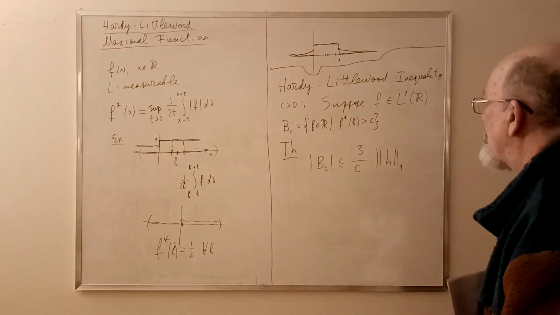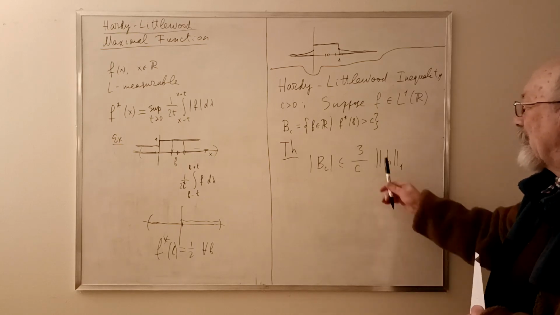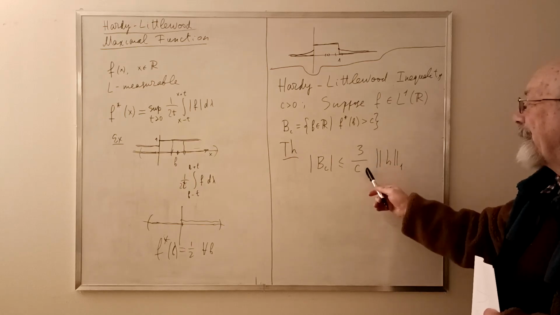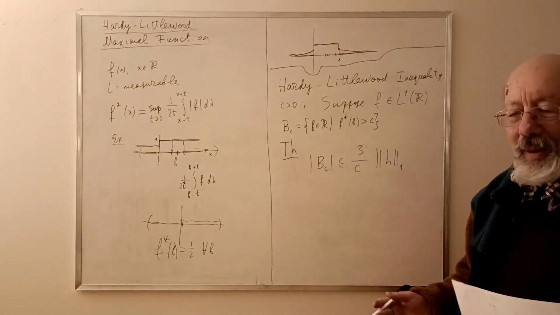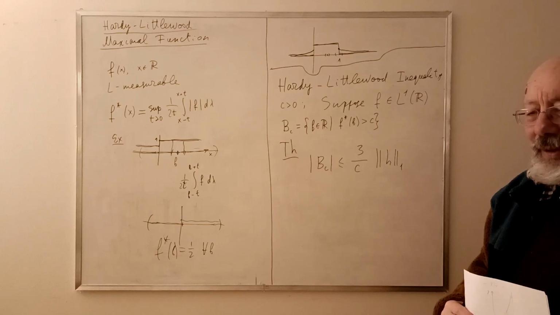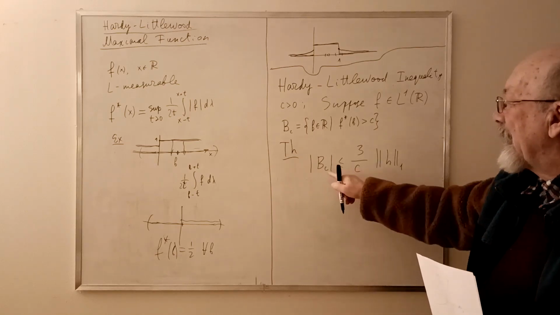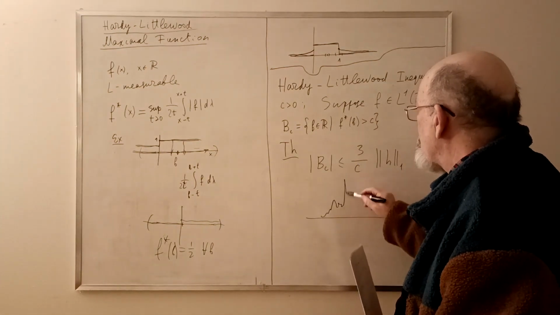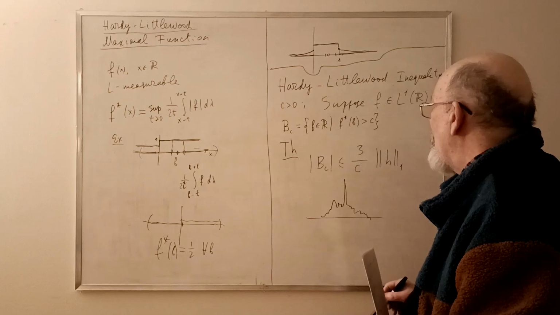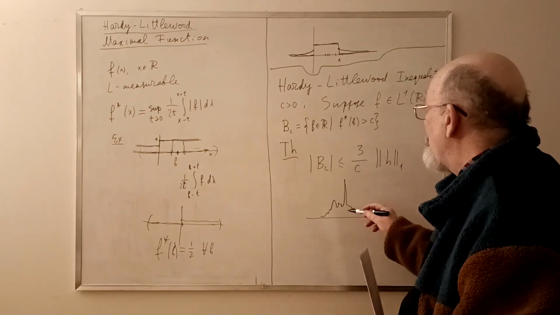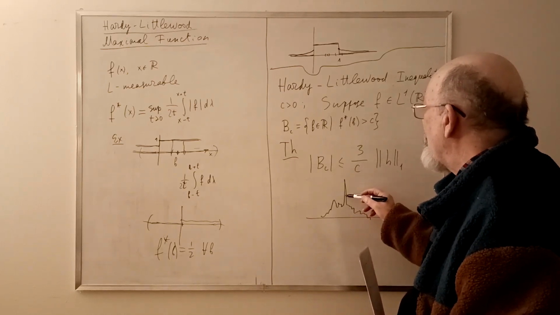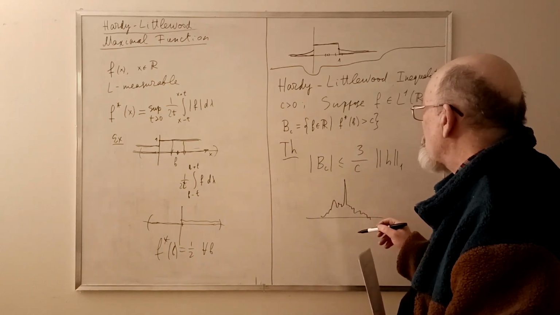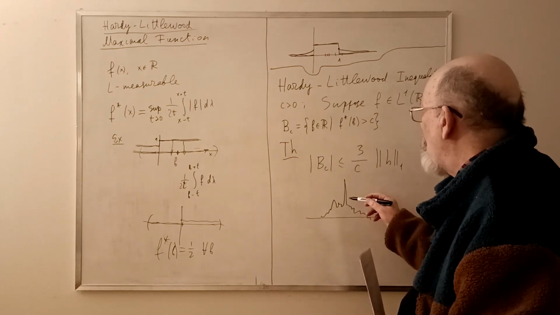It is quite interesting. Instead of 1 over C in the Markov inequality, here we have 3 over C. What happens? Yes, so we took some transformation. Just imagine you have some function, and the maximal function says something about the average behavior of this function near some point.